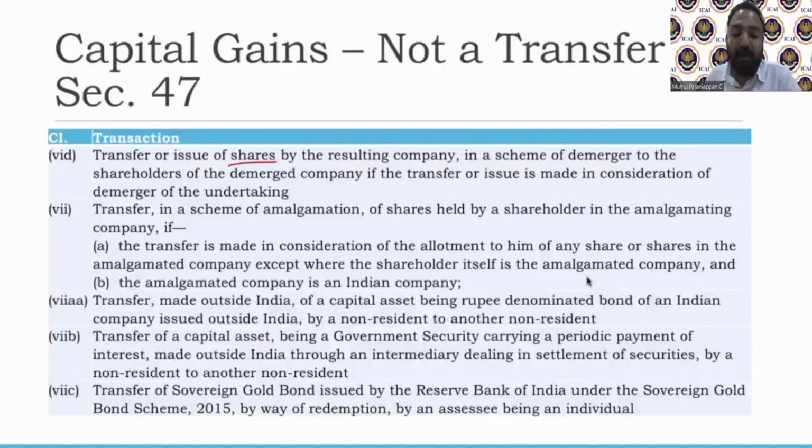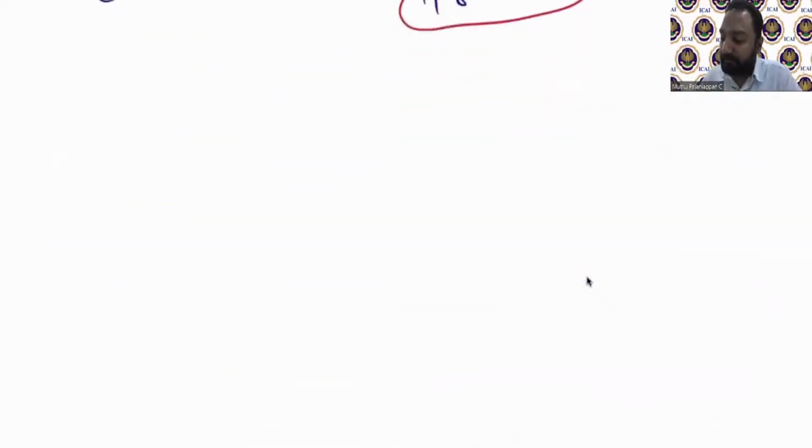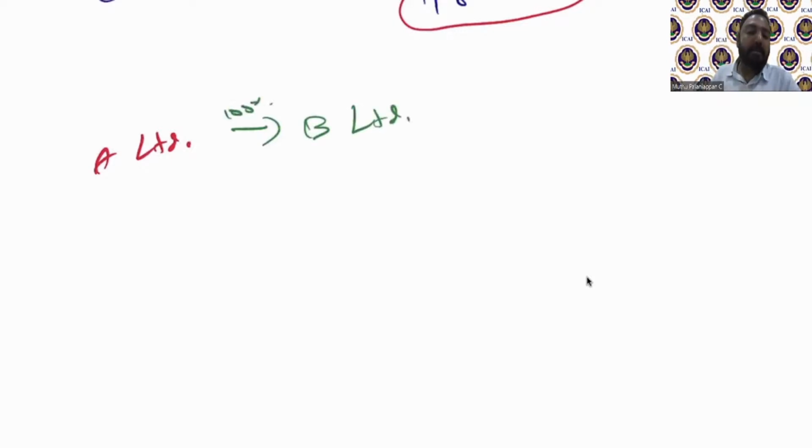But the first point, which talks about the shareholder itself, I'll try to explain with something like this. Let's say there is A Limited, and A Limited is the 100% shareholder of B Limited. So A Limited owns 100% shares in B Limited.